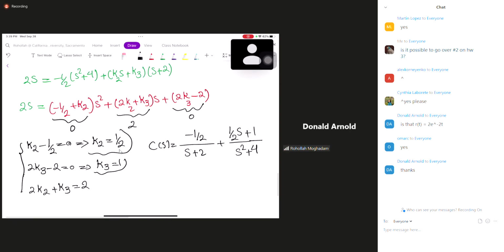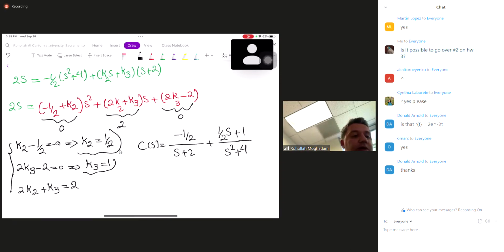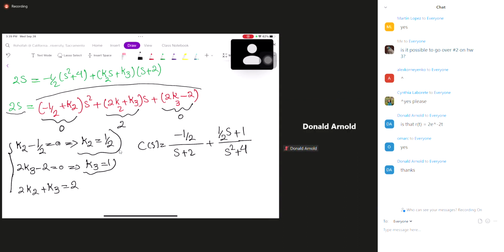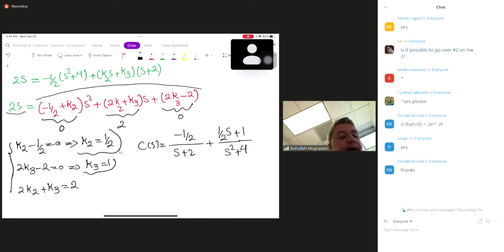Okay, that's a very good question. This equation on the right-hand side has to be equal to the left-hand side, right? On the left-hand side, we don't have any term with s squared.